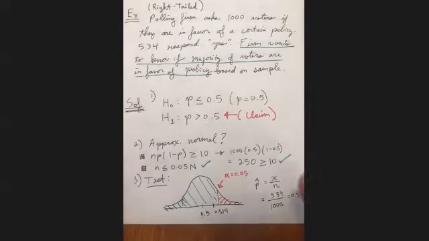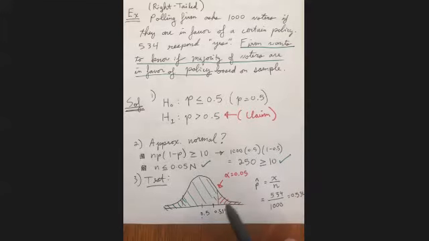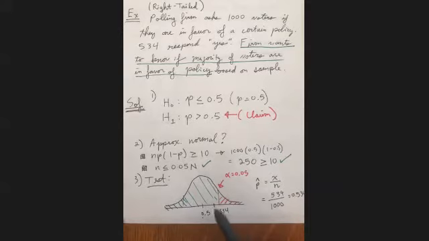Okay, so how do we actually conduct the test? To conduct the test, we are going to first figure out what the z value is for this 0.534.